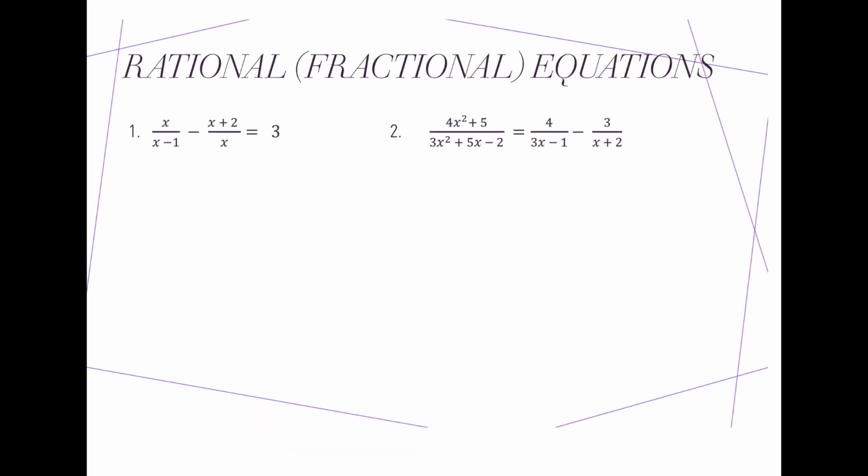Going on to the second one here, I went ahead and just erased everything because I wanted a clean slate. As I'm looking at my denominators on this one, this is a much more difficult one, obviously. I want to go ahead and find the factors. Now, I know that x plus 2 can't be factored, 3x minus 1 can't be factored, but this trinomial can.